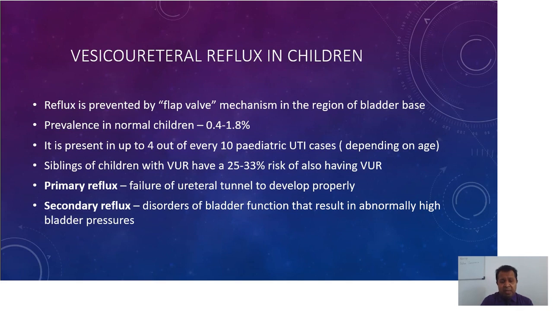This also has a genetic basis, autosomal dominant. Therefore, about 1/3 of siblings of a child with reflux are also at risk of having reflux. Now, as I mentioned earlier, this can be broadly divided into primary reflux and secondary reflux.